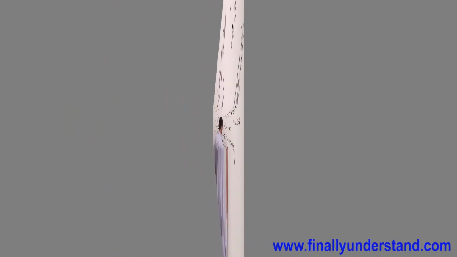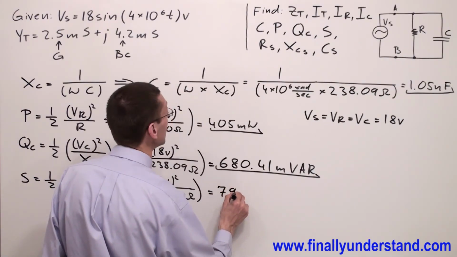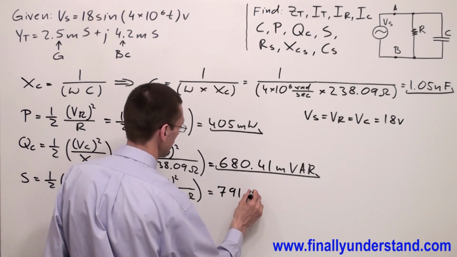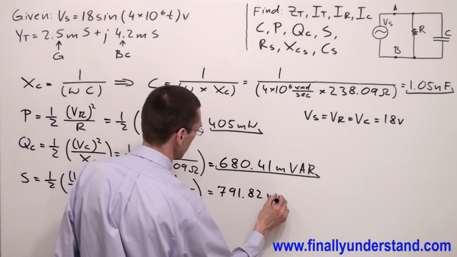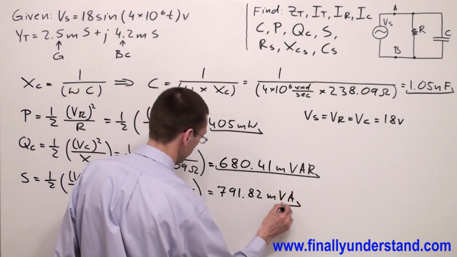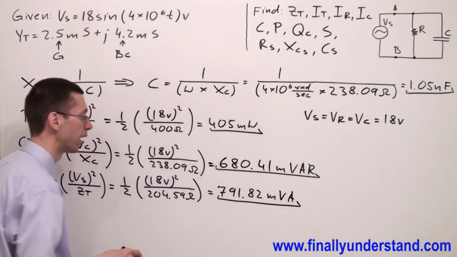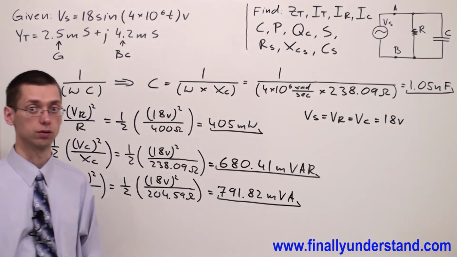Everything is equal to 791.82 millivolt amps. Okay, this is the apparent power in my circuit.